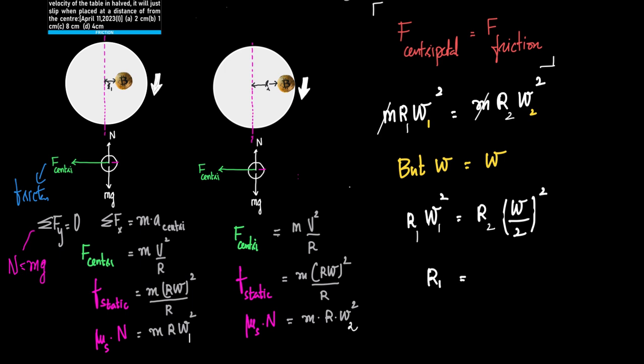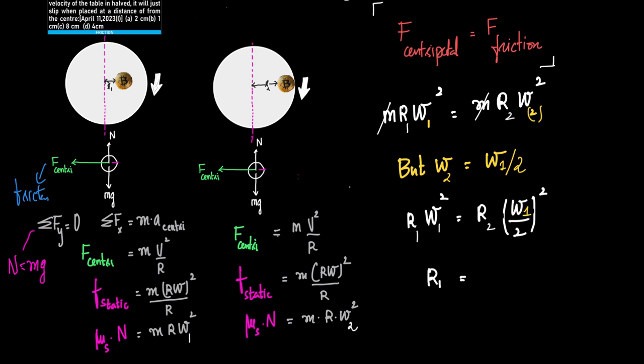But it is given that the angular velocity is halved, so we can say that omega 2 is actually omega 1 by 2. Instead of omega 2, I can write omega 1 by 2 the whole square. Therefore r1 into omega 1 square is equal to r2 into omega 1 by 2 the whole square.